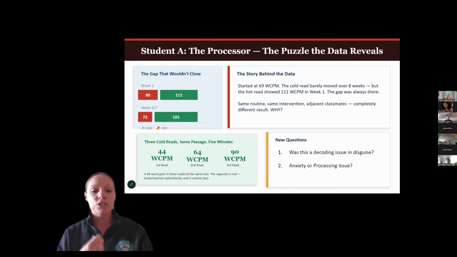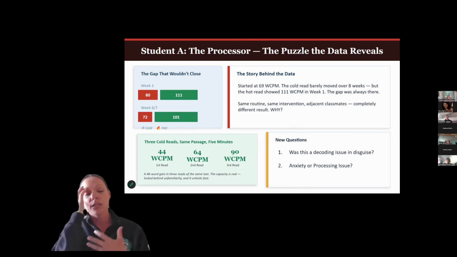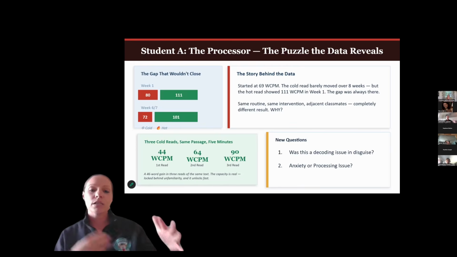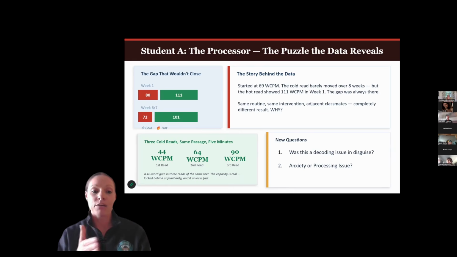So the question now became, was this a decoding issue in disguise? Is it caused by anxiety? Was it a processing issue? And so I started to dig a little bit deeper for her because I now had this new question. What is going on for her? What is blocking her? My first thing that I did is when I gave her a cold read, I assessed her across 3 different attempts within 5 minutes.